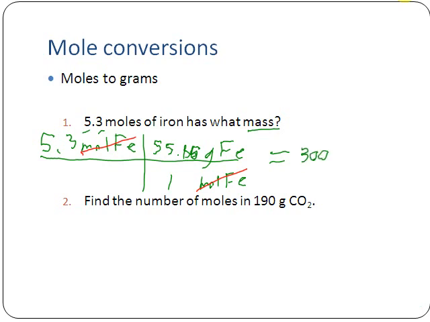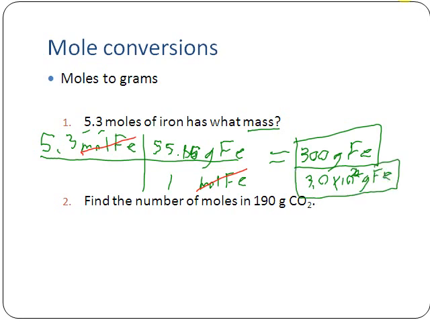And so we have 300 grams of iron. And so that's going to be our final answer here. Or if you wanted to, you could do 3.0 times 10 to the second grams of iron. Both of those are correct. The second one conserves the right number of significant figures, though. So either one will be fine.